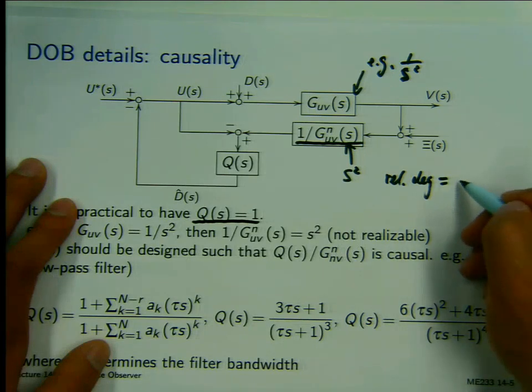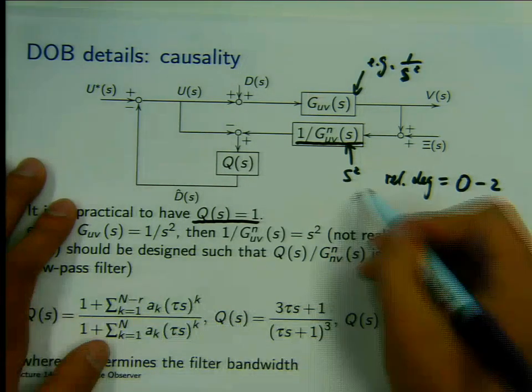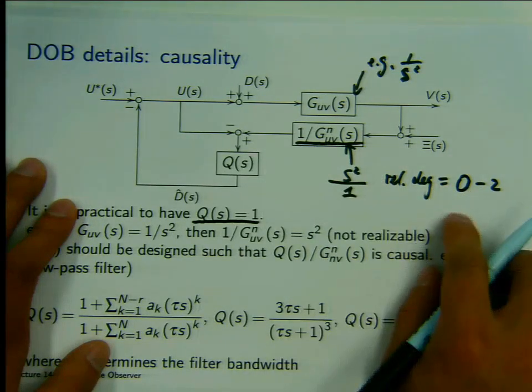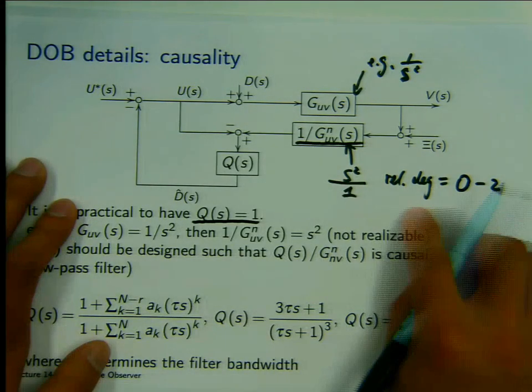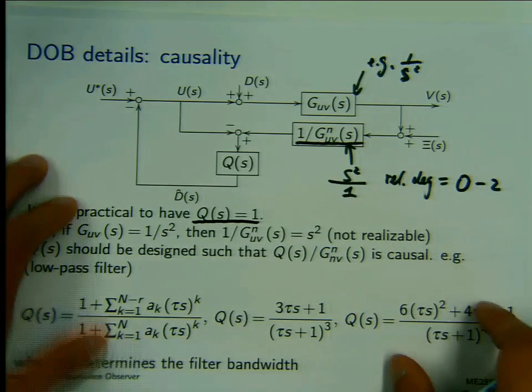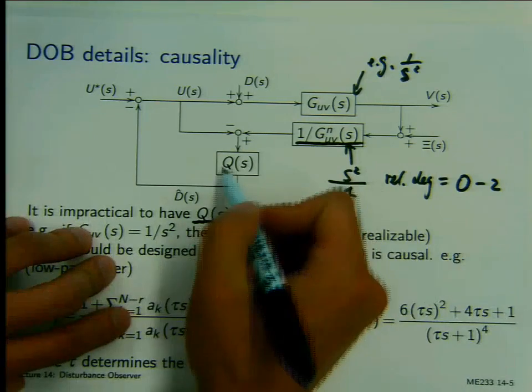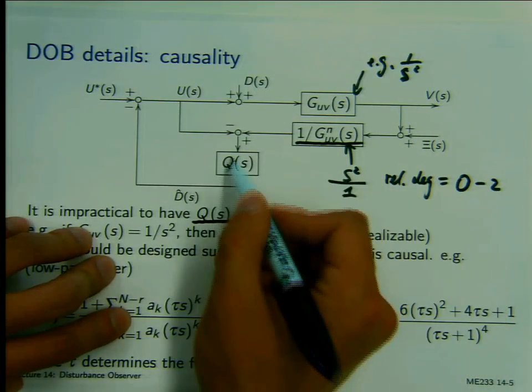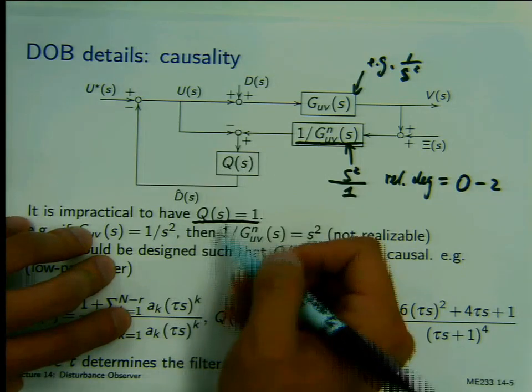The order of the numerator is 2, and the order of the denominator is 0. So any transfer function that has negative relative degree is not implementable, it's not causal. So when we implement this, for many practical systems, we can't simply assume Q is 1. That's not going to work.